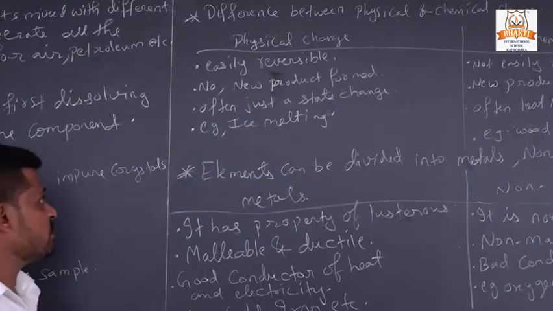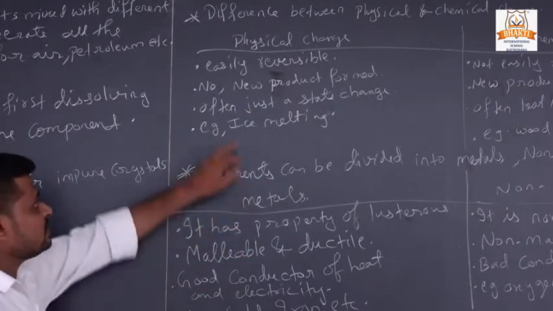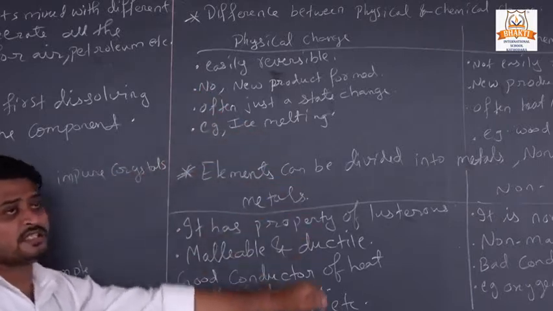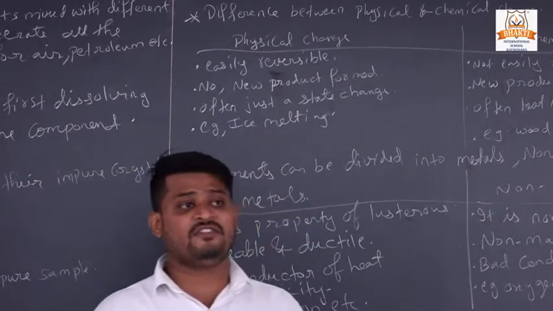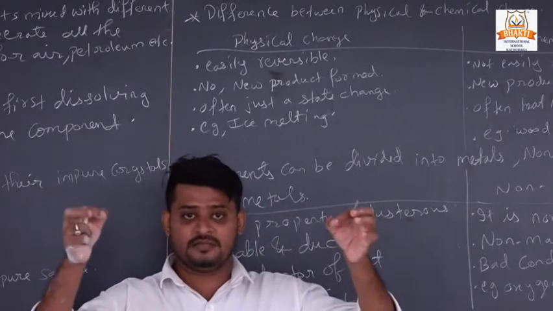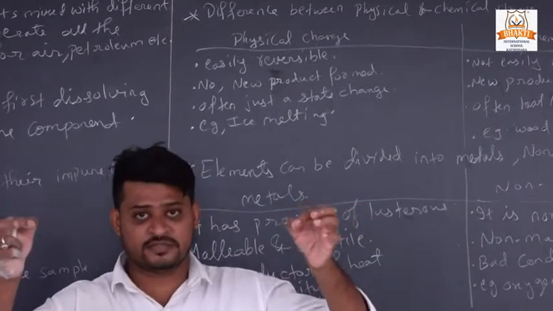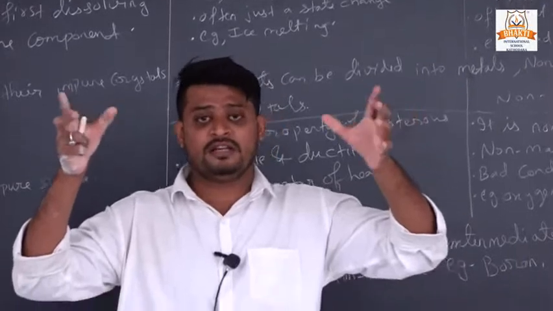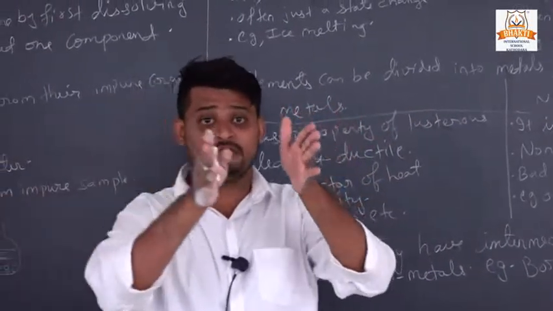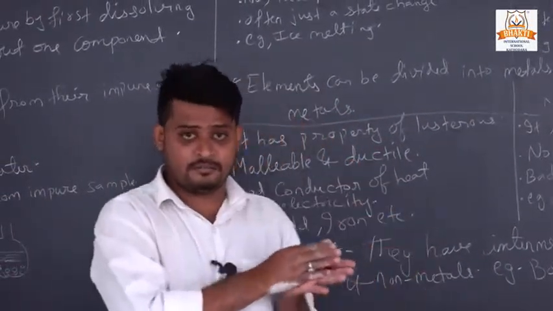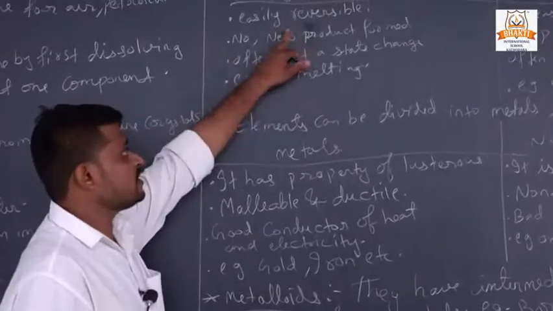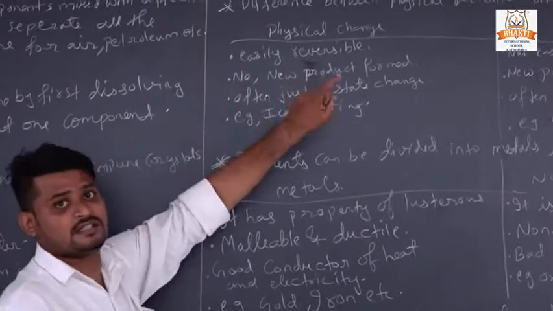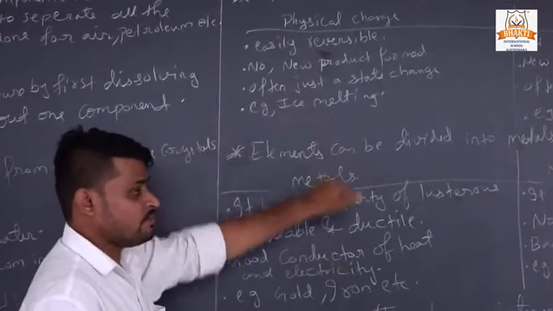What is physical change? Physical change is a reversible change. Like if we stretch a rubber band, it changes its state, and when we leave it, it comes back to its earlier state. That is called reversible change, so physical change is a reversible change.